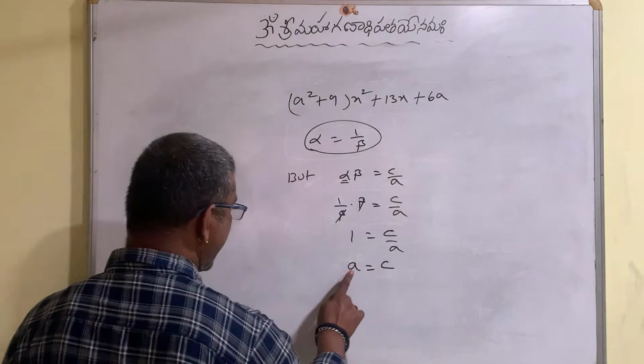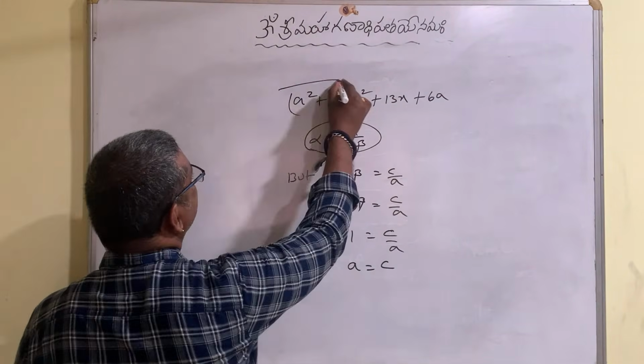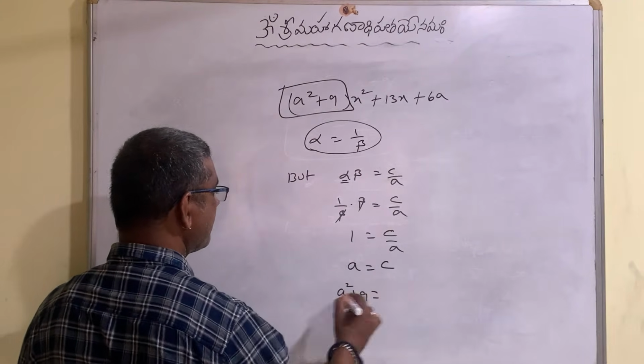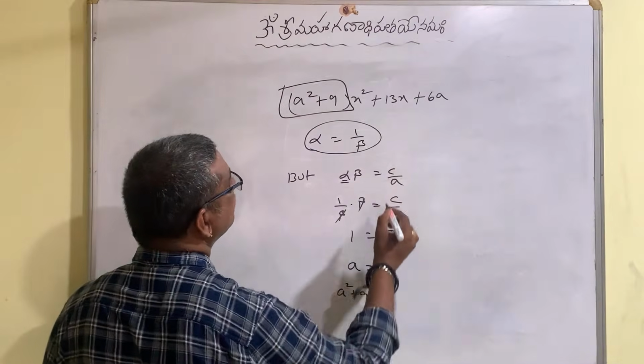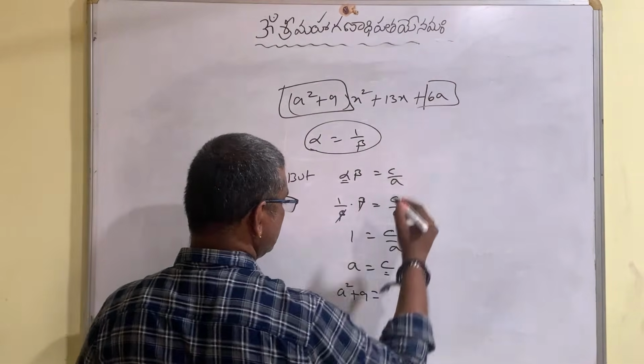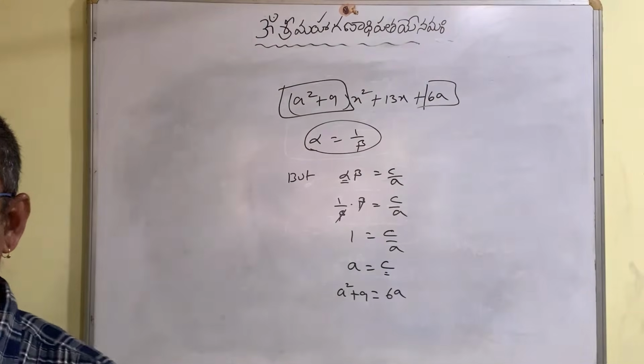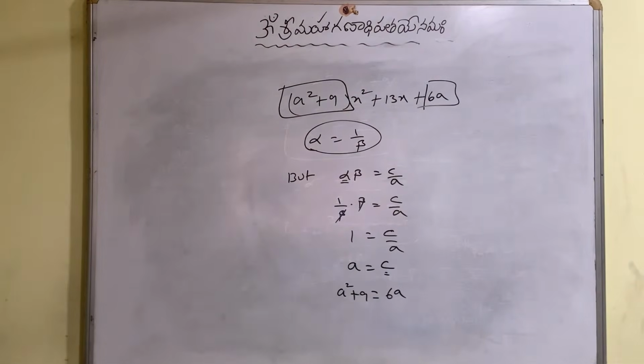Now, what is A? Coefficient of x square. And what is C? Constant. So A is equal to C means A is the coefficient of x square, that is a square plus 9, and C means the constant, which is 6a.